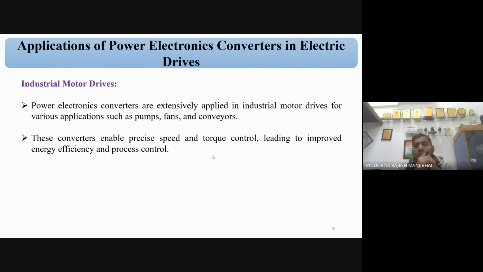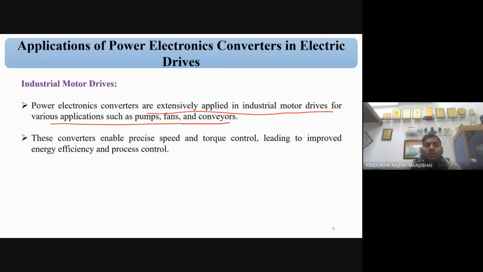So power electronics converters are extensively applied in industry motor drives for various applications such as fans, pumps, conveyors. Majority of the power supply is consumed by the industry load, and that industry load is mostly motor drives.